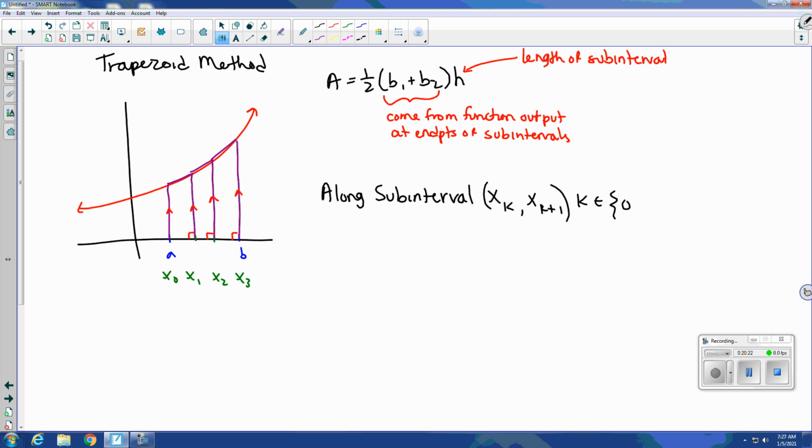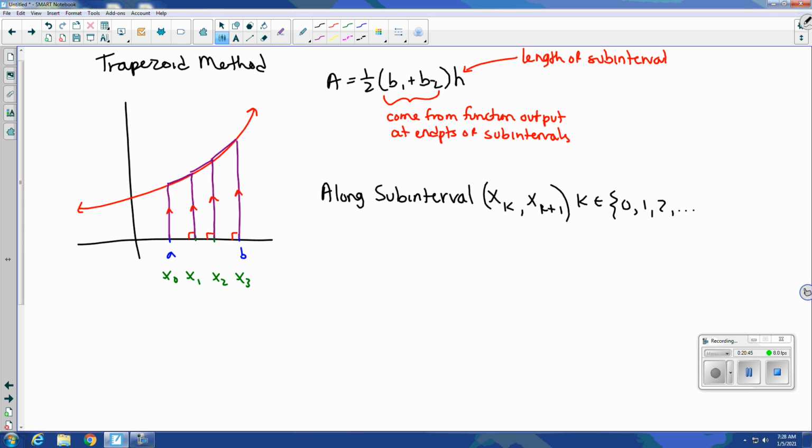And the reason we started at x sub 0, another convenient thing that occurs when we start from x sub 0, is the last number in the subscript for the final subinterval represents the number of rectangles or trapezoids that you're ultimately using. If we started at 1, then the last number would be 1 greater than the number that we're using. So it's nice to start at 0 for that reason as well. We're counting by ones.